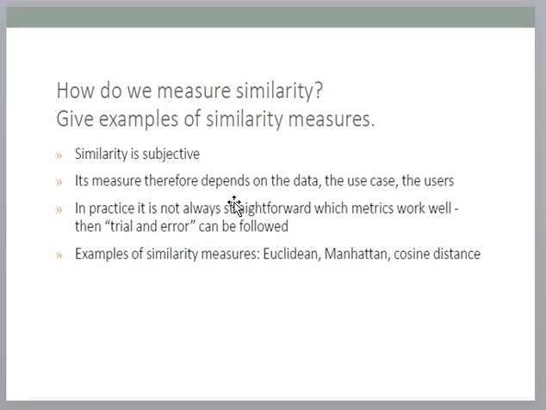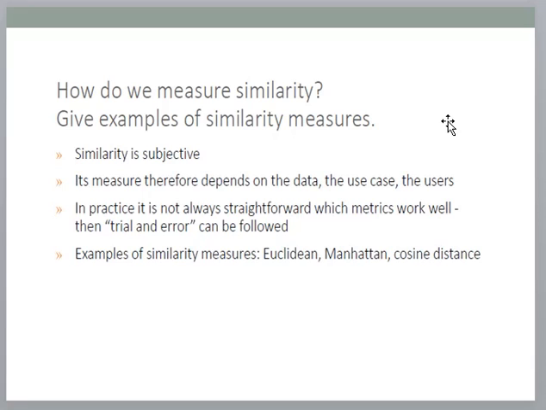So how do we measure similarity? Give examples of similarity measures. Similarity is subjective, number one thing. Number two, the measures therefore depend on the data, right? The use case, or the different users, if it belongs to different sets of users. In practice, it is not always straightforward which metric works well, so trial and error can be followed, right? We have looked at 5 different distance measures, so we cannot say specifically which distance measure will perfectly work for which kind of data set.